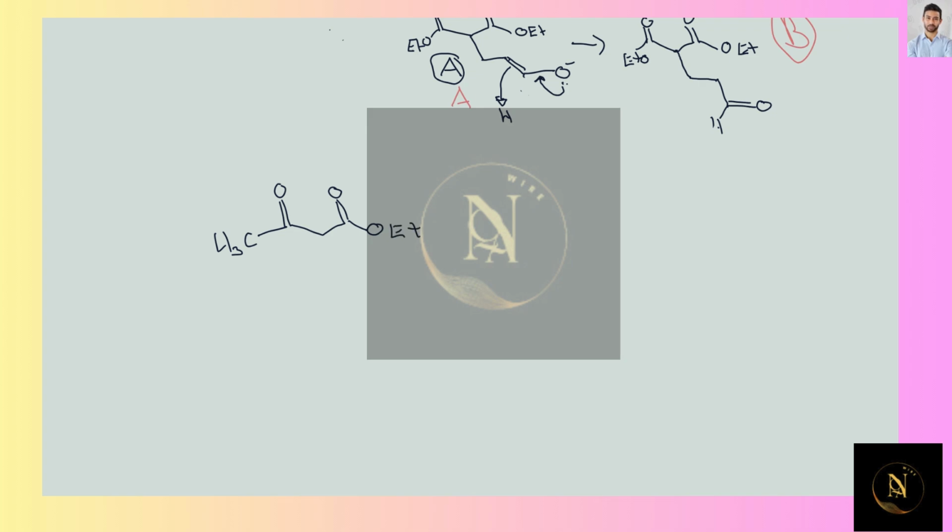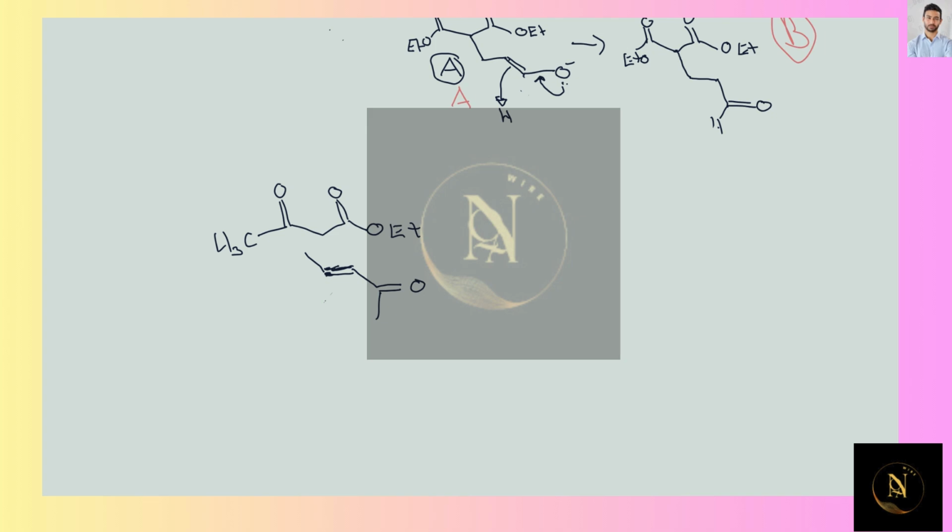Again, we're going to have the most acidic section, but now we want to write our double bond oxygen, and in this case we have a CH3 on this side, and on the other side we have another CH3.